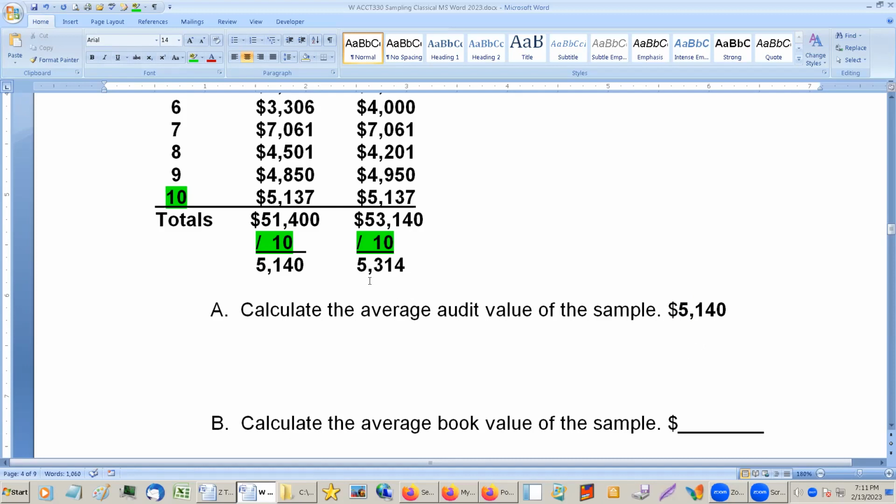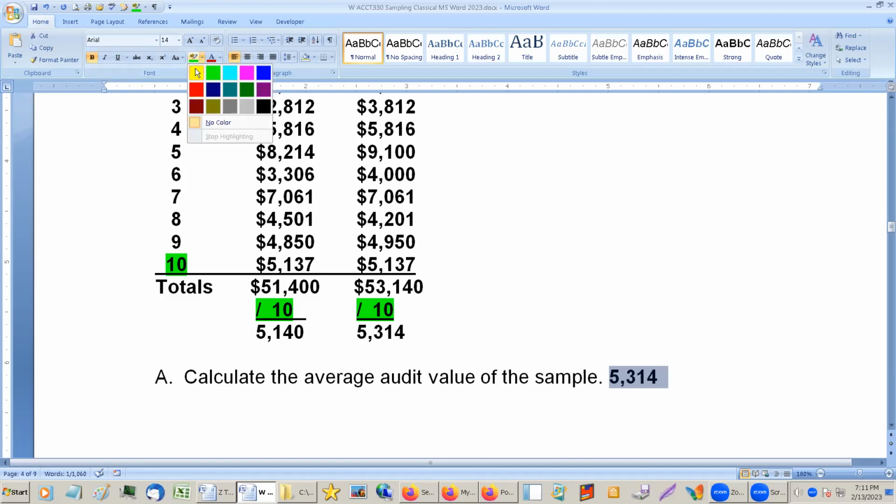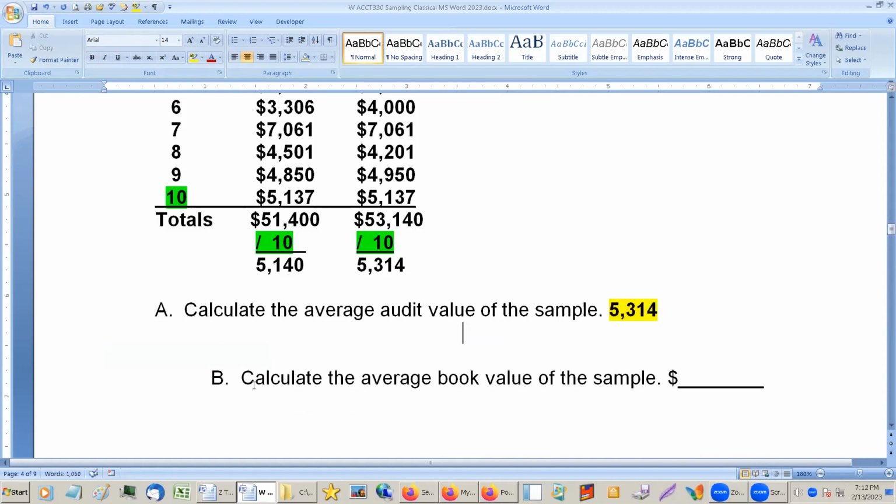All right, so, oh, I just did this wrong. Let's try that again. First one's the audit average. I'm very generous with the spacing here.